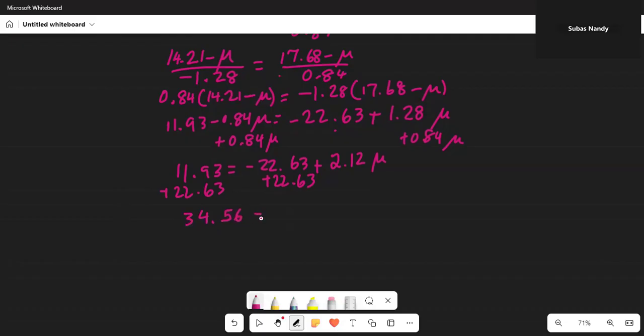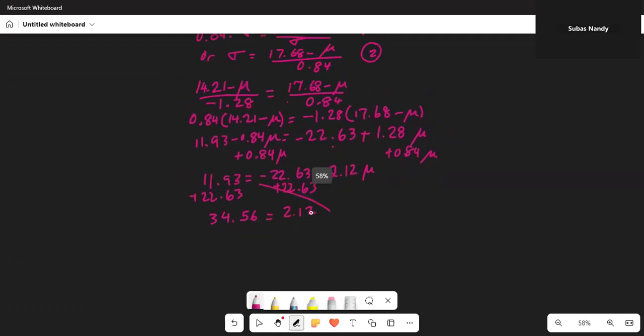So 34.56 is equal to 2.12 mu. Divide by 2.12 on both sides, and mu is equal to 34.56 divided by 2.12, which is 16.3.